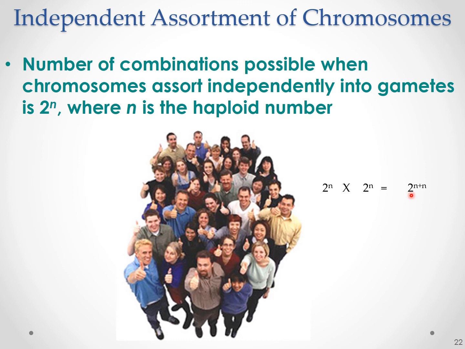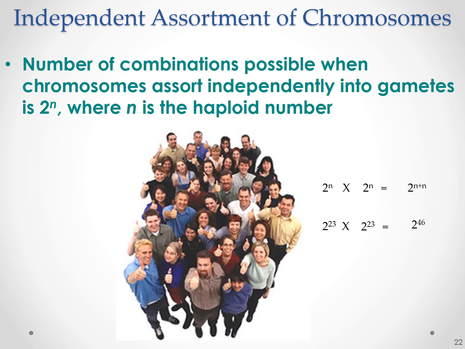This is part of how we become so different. When you put the numbers to it, we have 2 to the 23 times 2 to the 23, which would be 2 to the 46 different possible combinations of chromosomes as they line up at the equator.